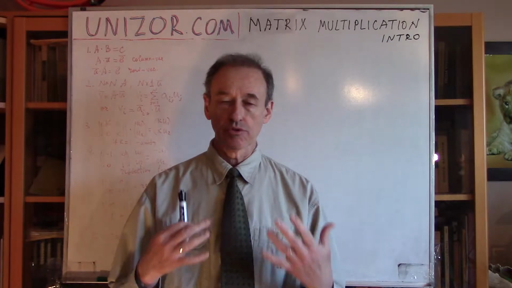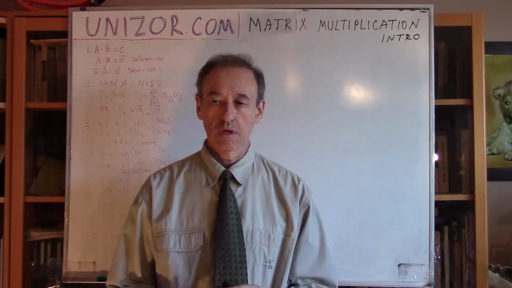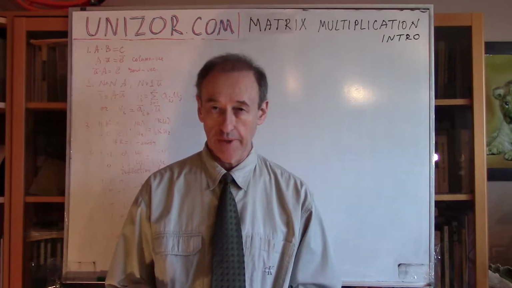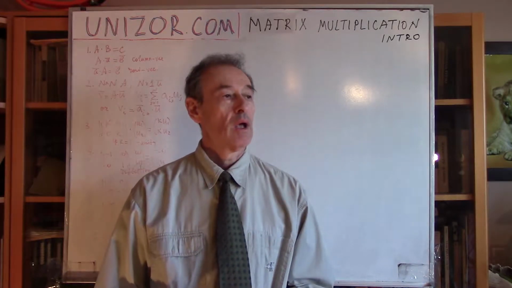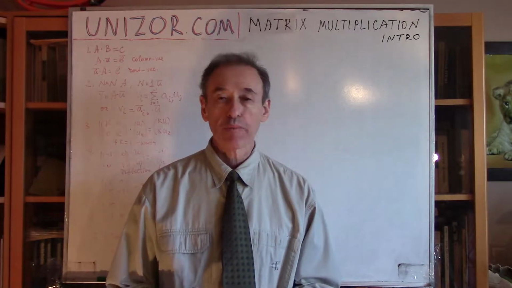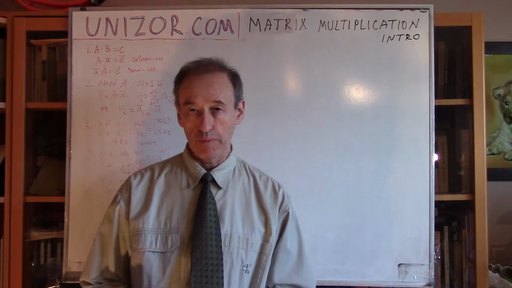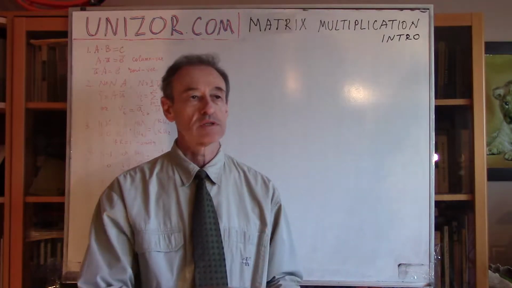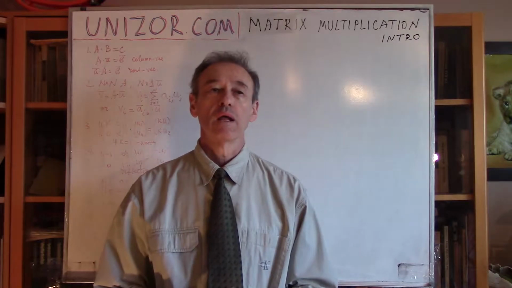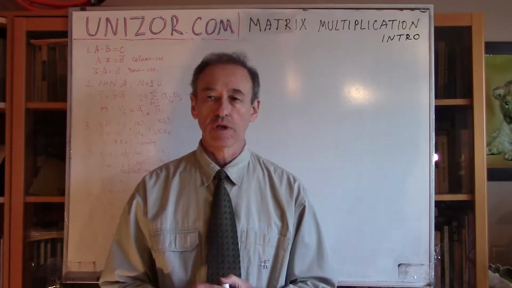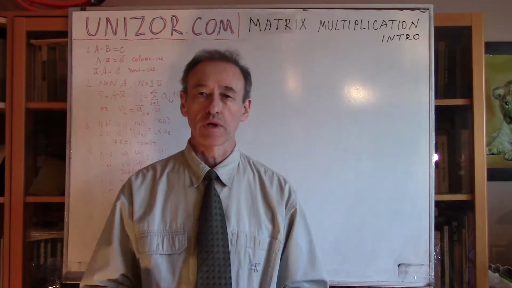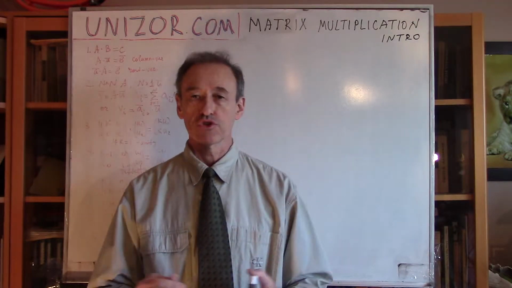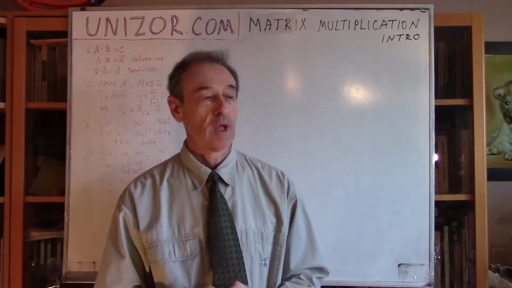I would like to introduce the operation of multiplication of matrices. This operation is probably the most important operation on matrices. Yes, we were talking about addition of matrices and multiplication by a scalar, but this is actually where the whole theory is really flourishing, with multiplication.